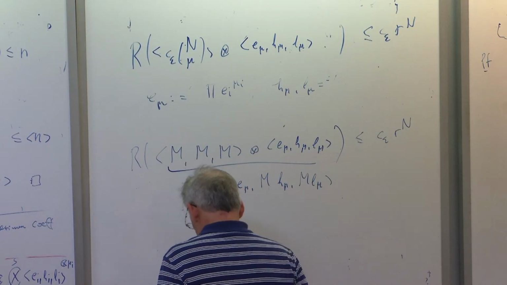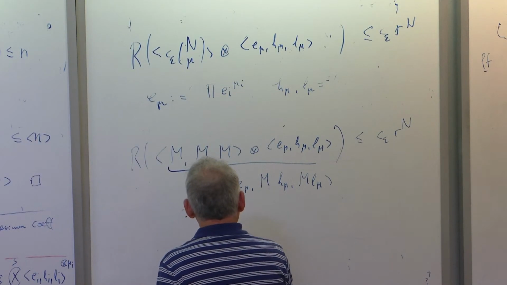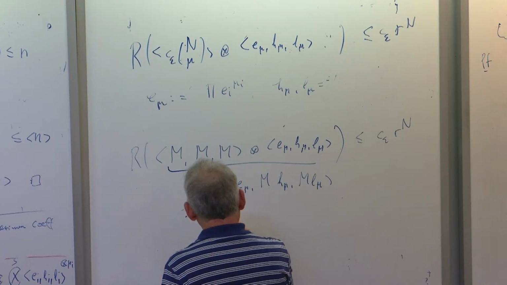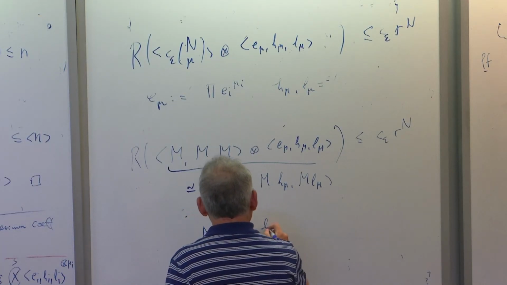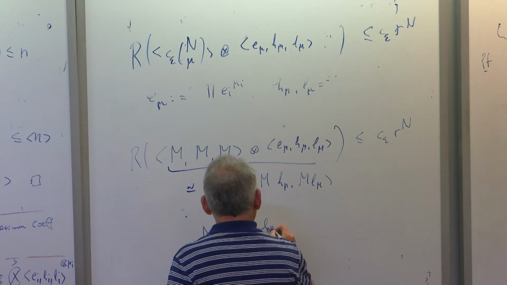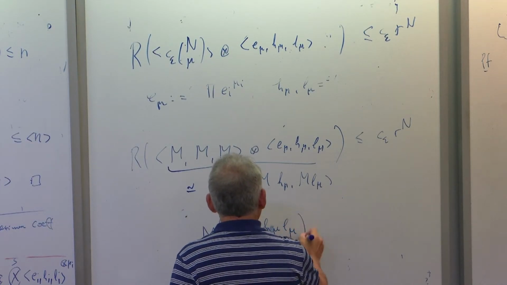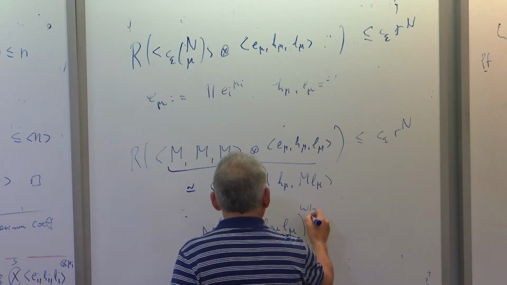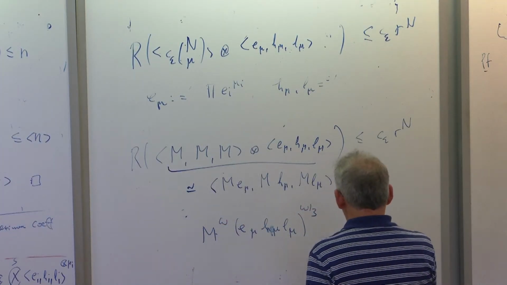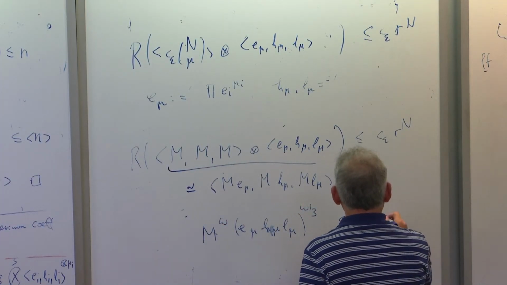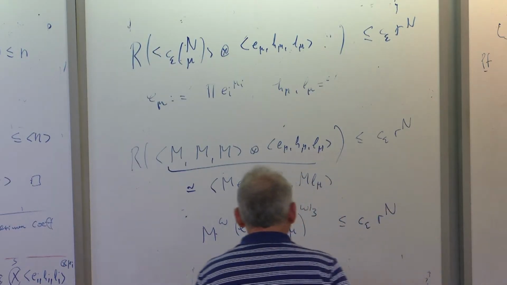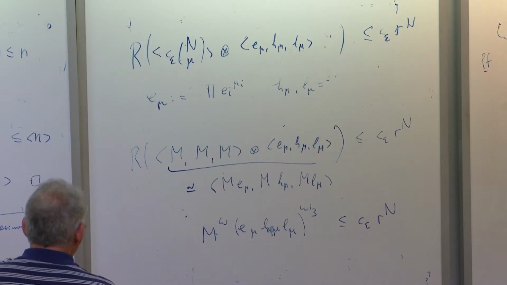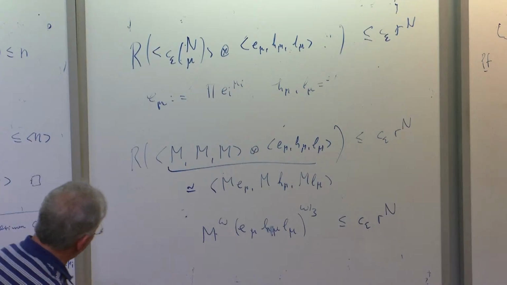Okay, then what do I get? M to the omega, omega to the third. And then, from now on, okay, so how to continue?